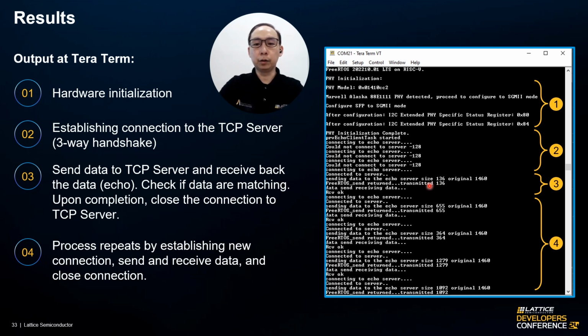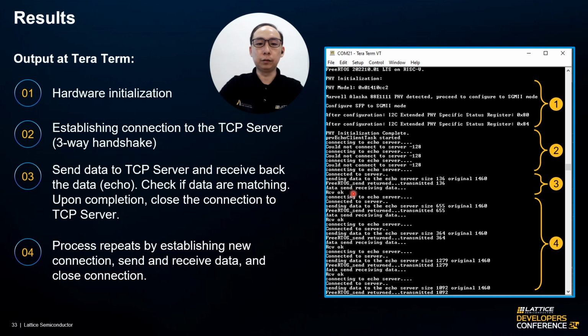For example, on the first attempt, it sends 136 bytes of data to the server, and upon receiving the same echo data back, it checks whether there is any data mismatch. If not, it proceeds by reporting the status.